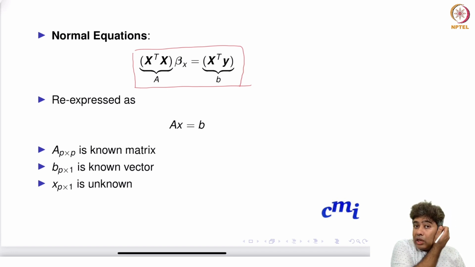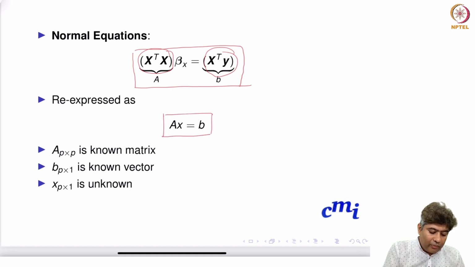Now what I am doing is bringing in the typical popular notation of linear algebra. Let us call X transpose X as A and X transpose y as B. Then we can re-express our normal equation as Ax = B, where A is a p cross p known matrix, B is a p cross 1 known vector, and x is actually my beta.